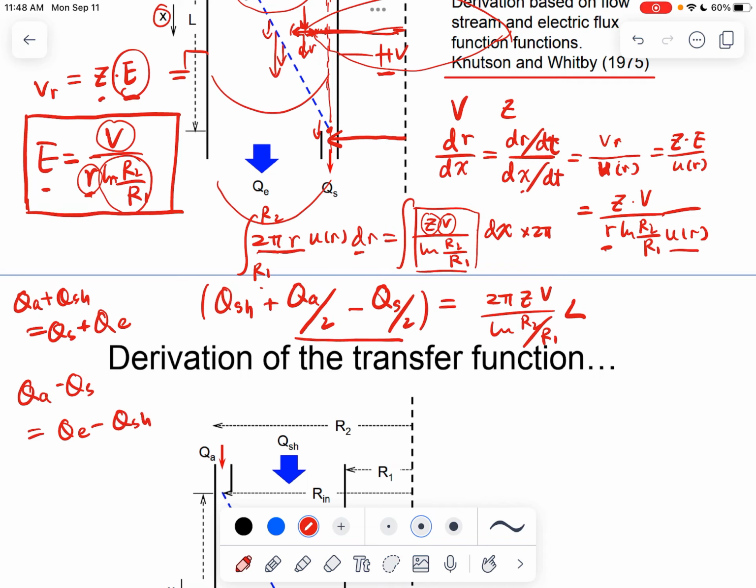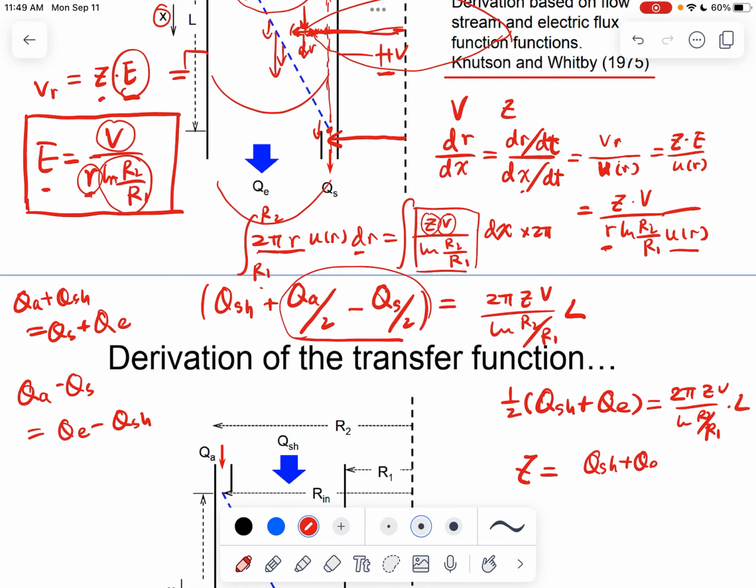Then you have QA minus QS just equals QE minus Q sheath. And then you have this 1 over 2 term, which gives you 1 over 2 times Q sheath plus QE equals 2 pi ZV divided by log R2 over R1 multiplied by L.